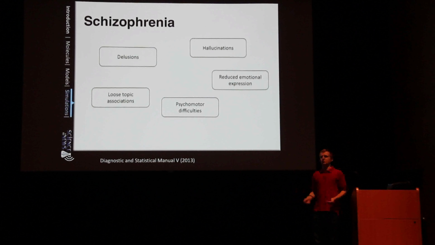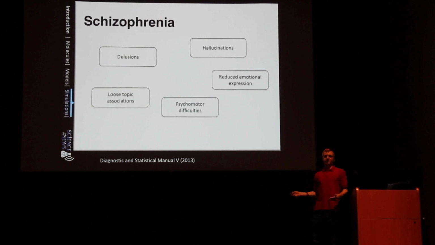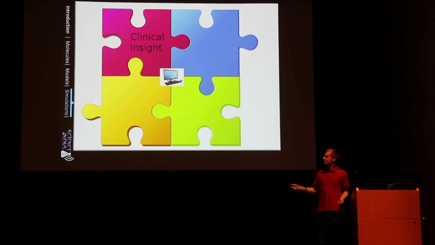We don't exactly know what causes schizophrenia, and so we can't really define it as some, for instance, trinucleotide repeat. We can't define it as checking the oil level. So that makes schizophrenia a little bit difficult to study, but it also makes it appropriate for building a computer model.